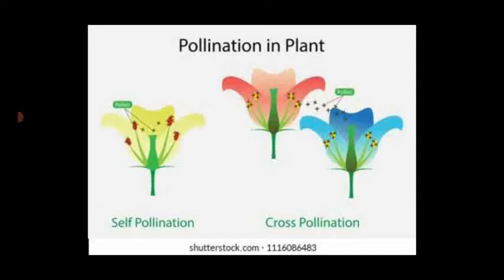Different plants but the same species is known as cross-pollination. Dear students, I hope you have all understood what is self-pollination and cross-pollination. The diagram clearly states that self-pollination takes place within the flower, then cross-pollination takes place between flowers of the same species, of different plants.